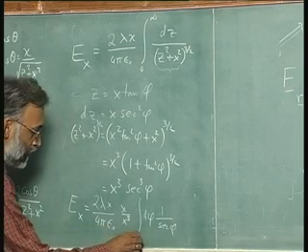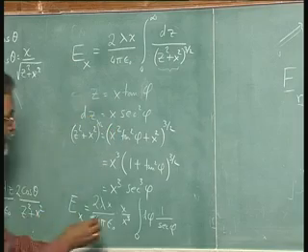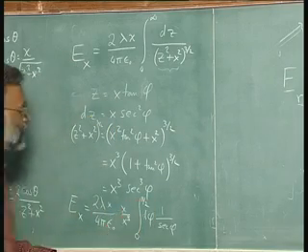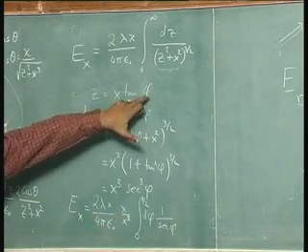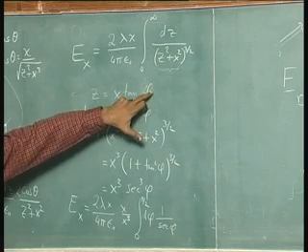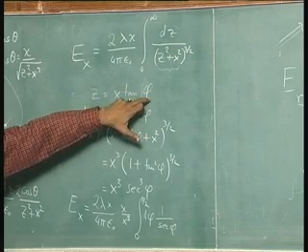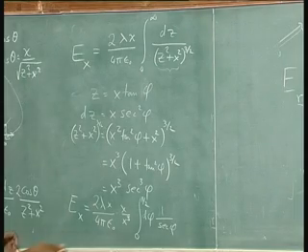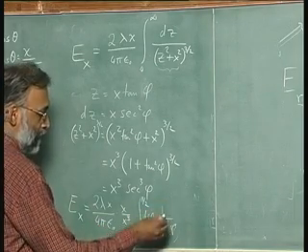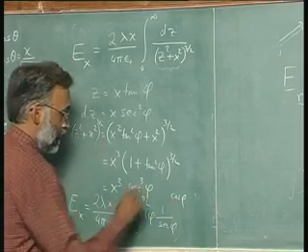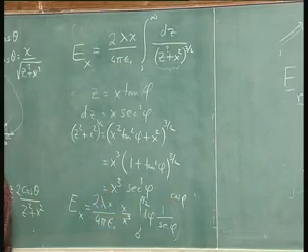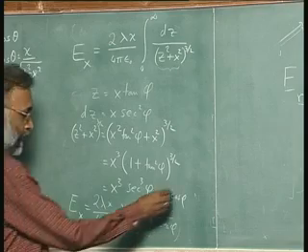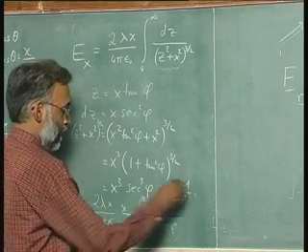The integral goes from 0 to pi by 2, because when z is 0, tan phi is 0, phi is 0. When z is infinity, tan phi is infinity, phi is pi by 2. This is easily solved because 1 over secant phi is nothing but cos phi. An integral of cos phi is sin phi. So, this whole integral becomes 1.